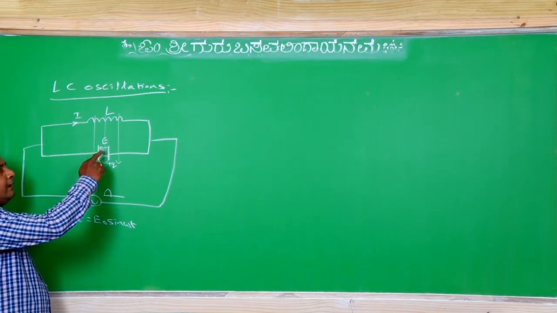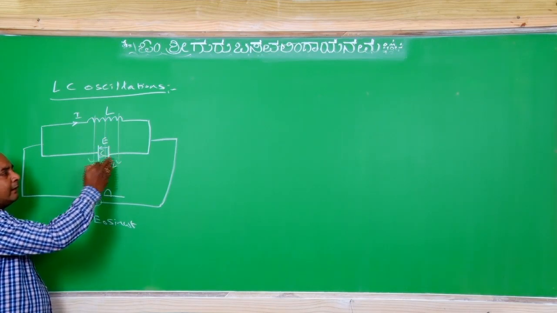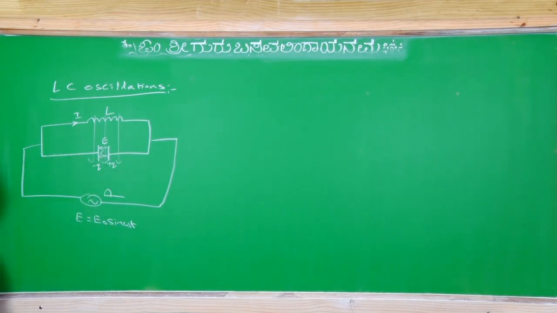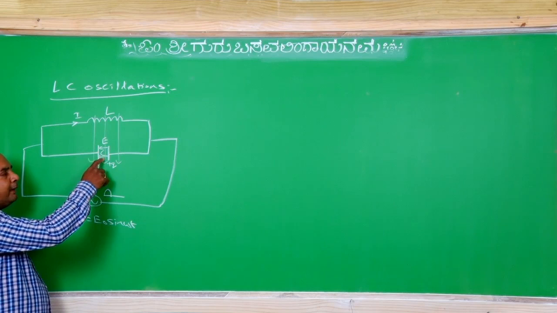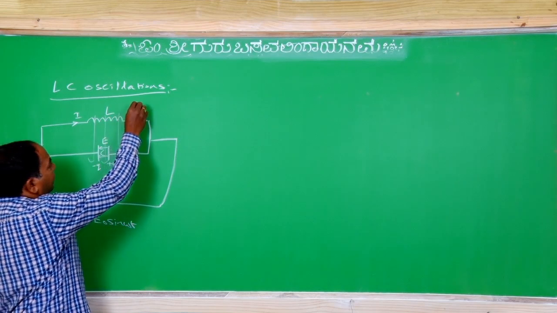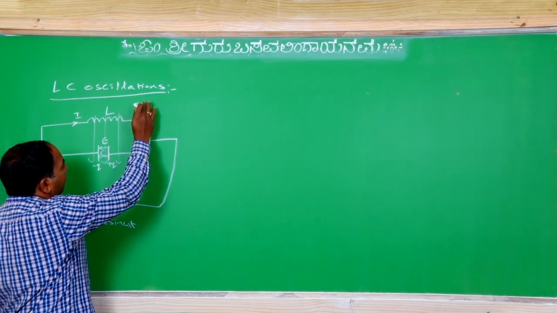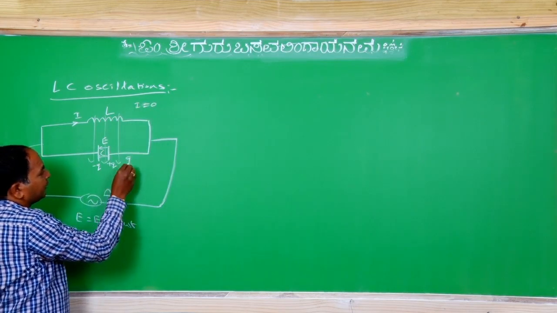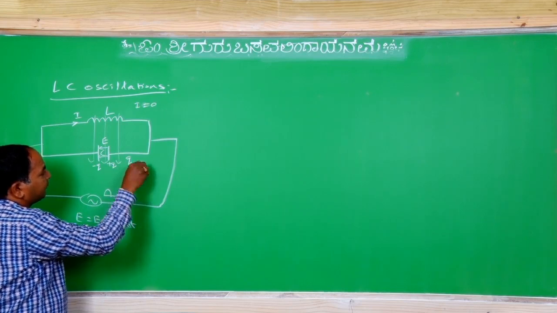When the capacitor is getting the charge, that is said to be charging. When the charging is completed in the capacitor, then automatically at the inductor the current value will become 0 and the charge will become maximum.